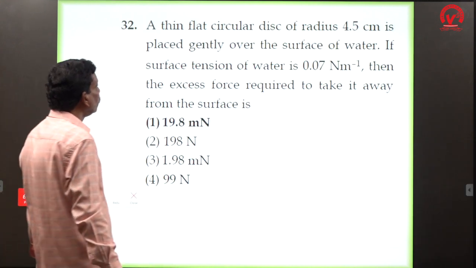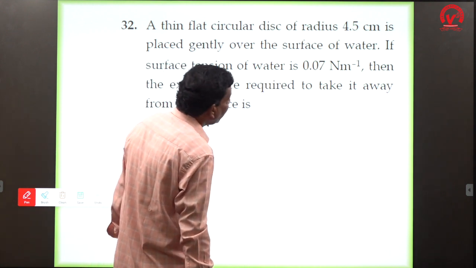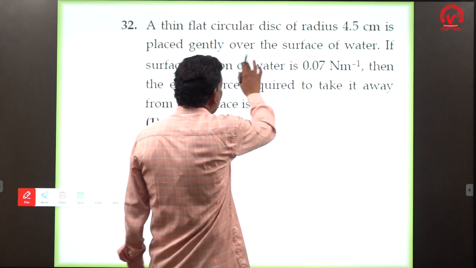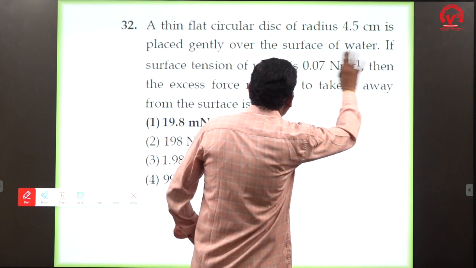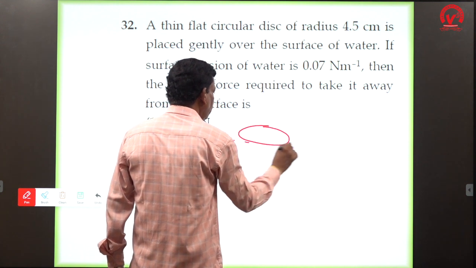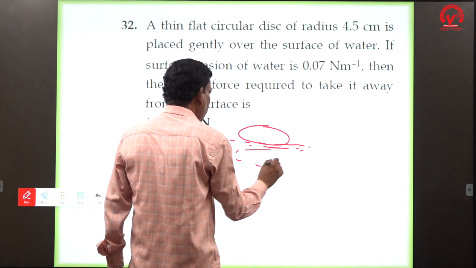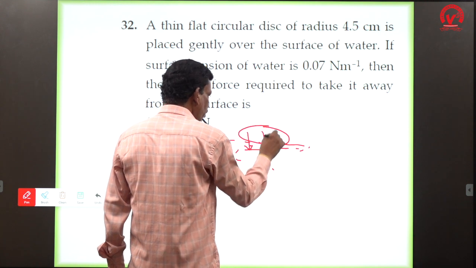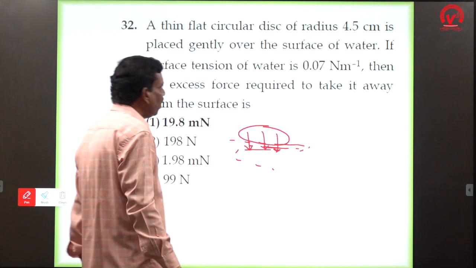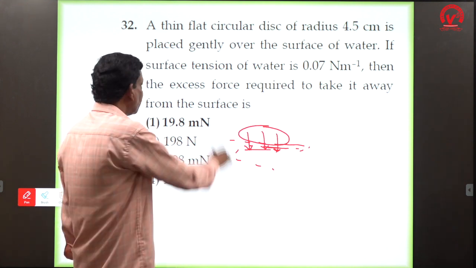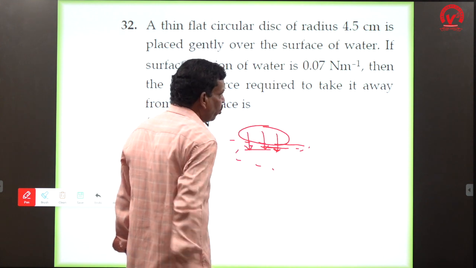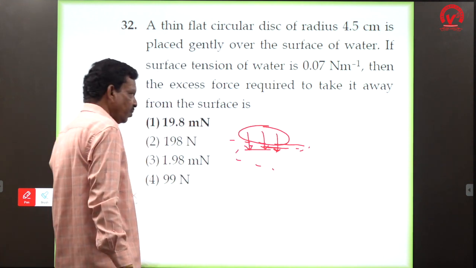Next, a thin flat circular disc of radius 4.5 centimeter is placed gently over the surface of water. It is a disc, it is water. That means force is acting along this length. The surface tension of water is given; find the excess force required to take it away from the surface.